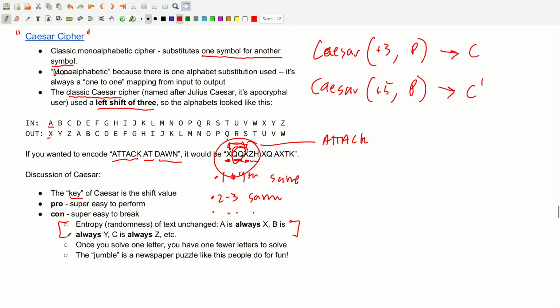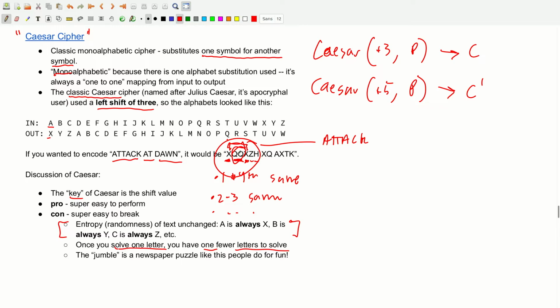Okay, another thing is that once you solve one letter, you have one fewer letters to solve. Another way we might look at this is to say what letters are the most common here. Q shows up several times. T is a very common letter.